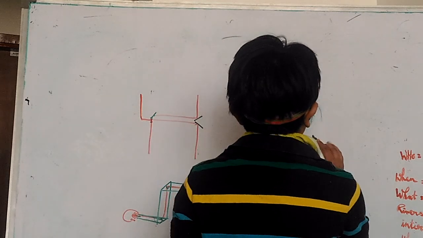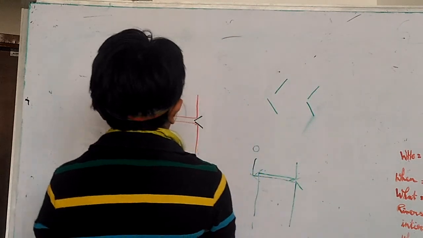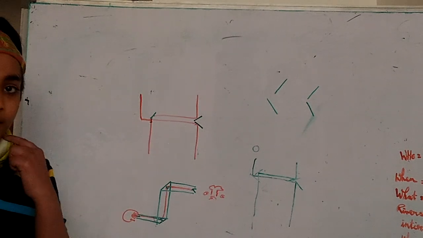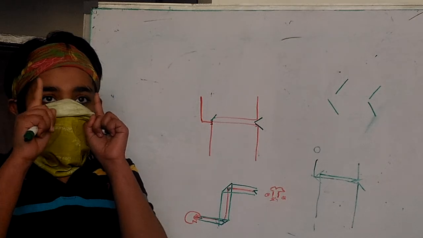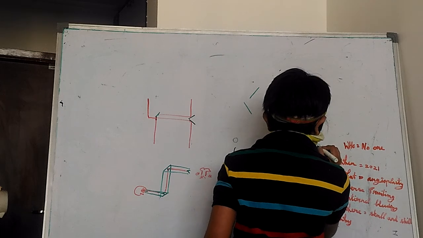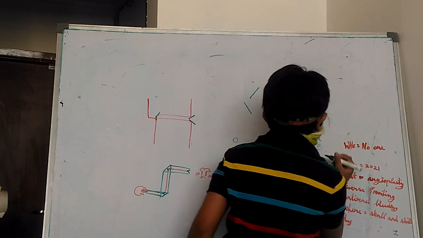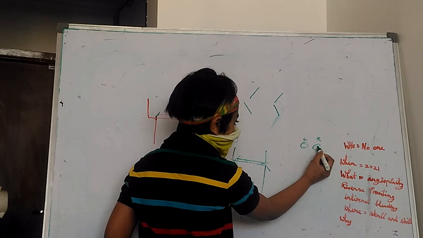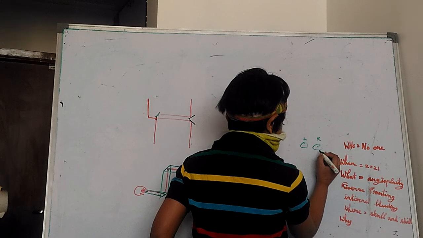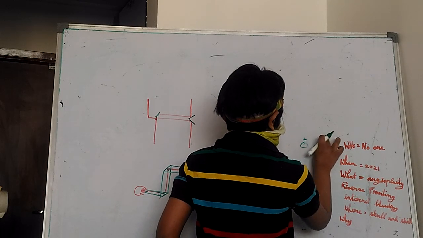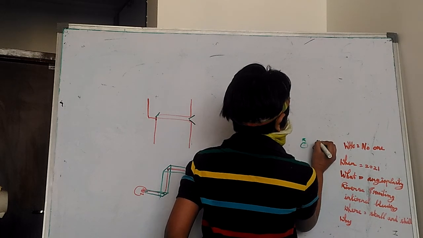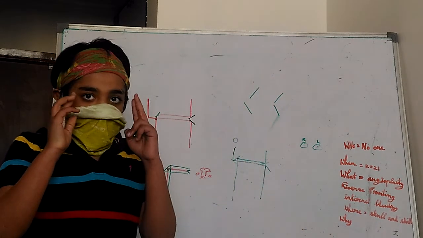Okay, so this doesn't look like a reversoscope and I have marked it like this. So when we are seeing it directly from here, this is our left eye, this is our right eye. And what the reversoscope does is it reverses the place, so our left eye turns into the right eye and our right eye turns into the left eye.